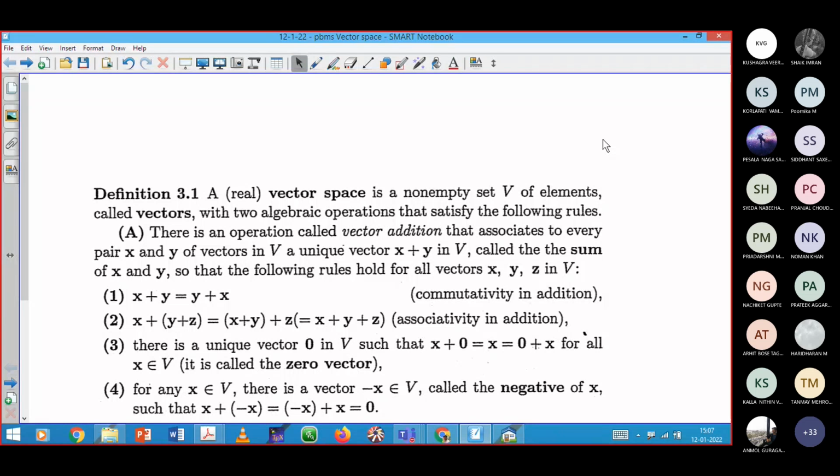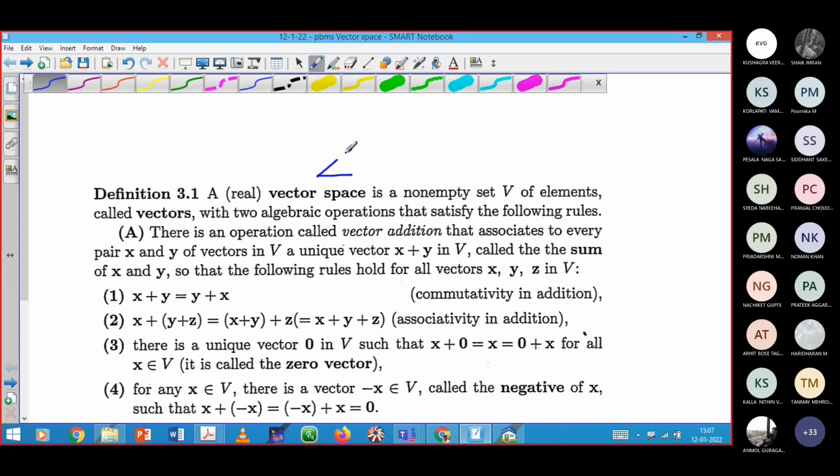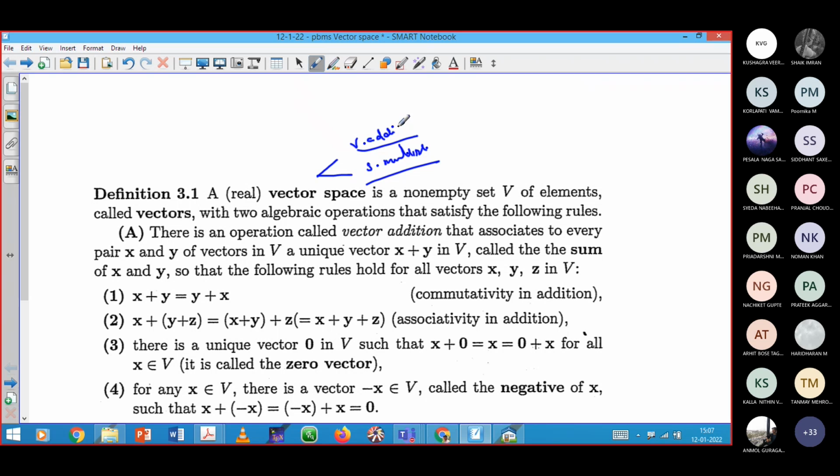If it satisfies those two properties, then the given non-empty set is called a vector space. Vector addition, scalar multiplication. In each operation, there are some properties.